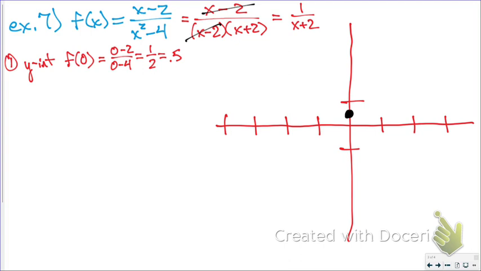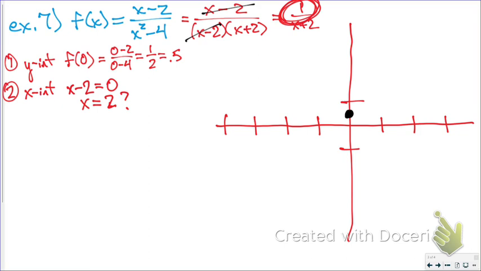There's our y-intercept. X-intercept is where things get a little bit different. So you're supposed to set the numerator equal to 0. And if you set the blue one equal to 0, you get 2. But look over here.